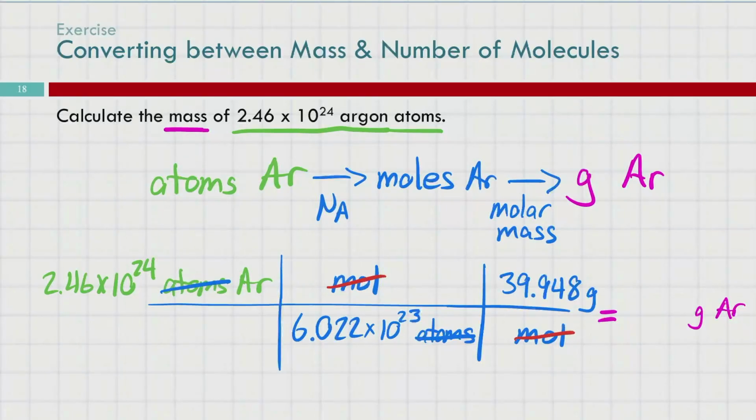So putting that all together, we get 163 grams of argon. Rounded to 3 significant figures.